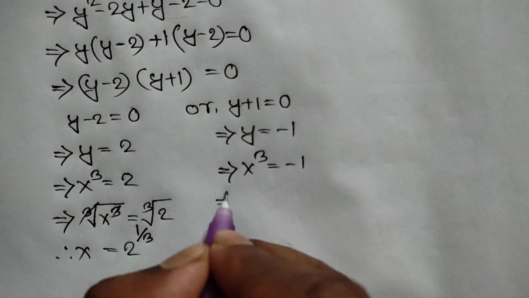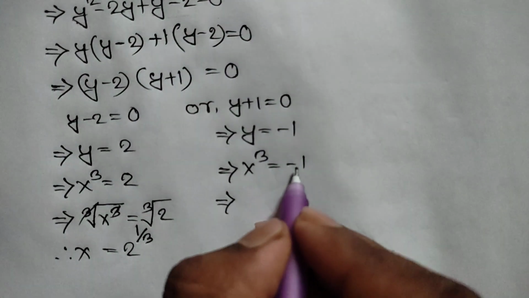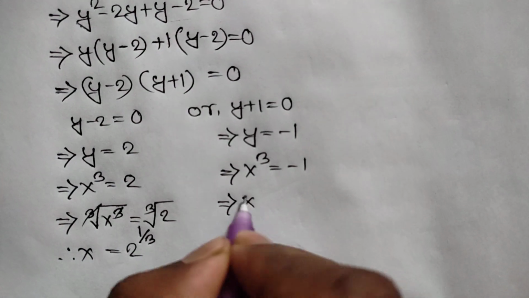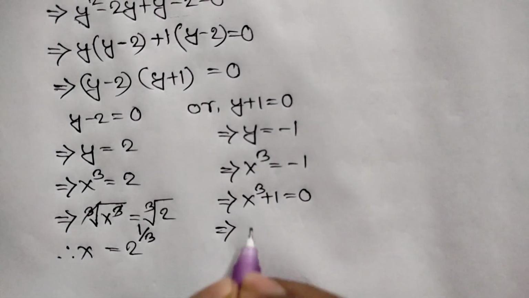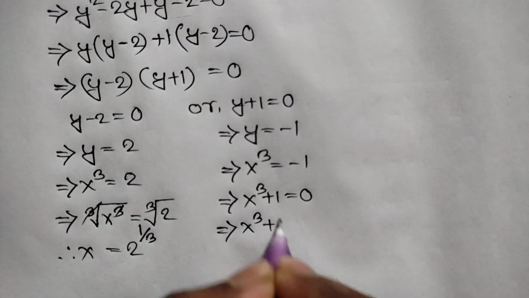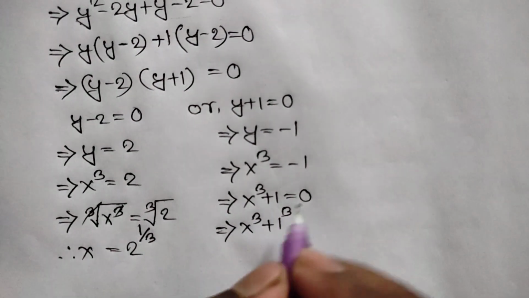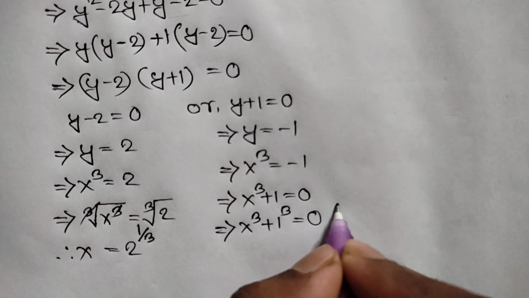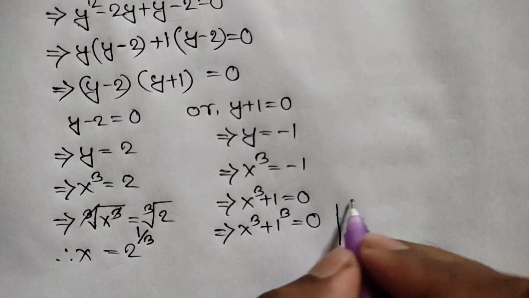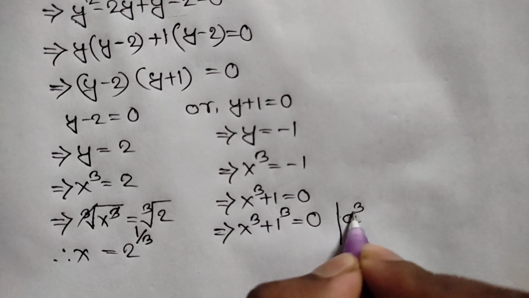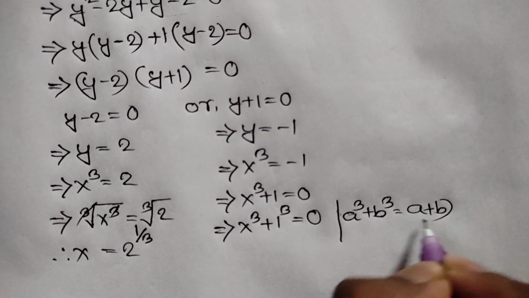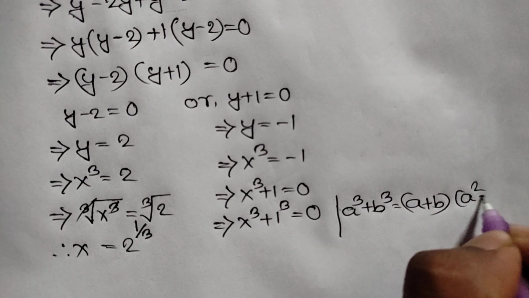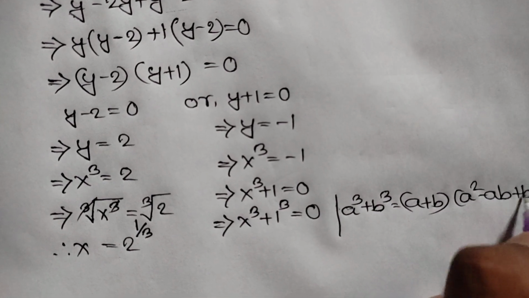Now taking this negative 1 to the left side we get x cube plus 1 is equal to 0, or x cube plus 1 cube, because 1 cube is the same as 1, is equal to 0. Now we can apply the algebra rule, a cube plus b cube is equal to (a plus b) times (a square minus ab plus b square).